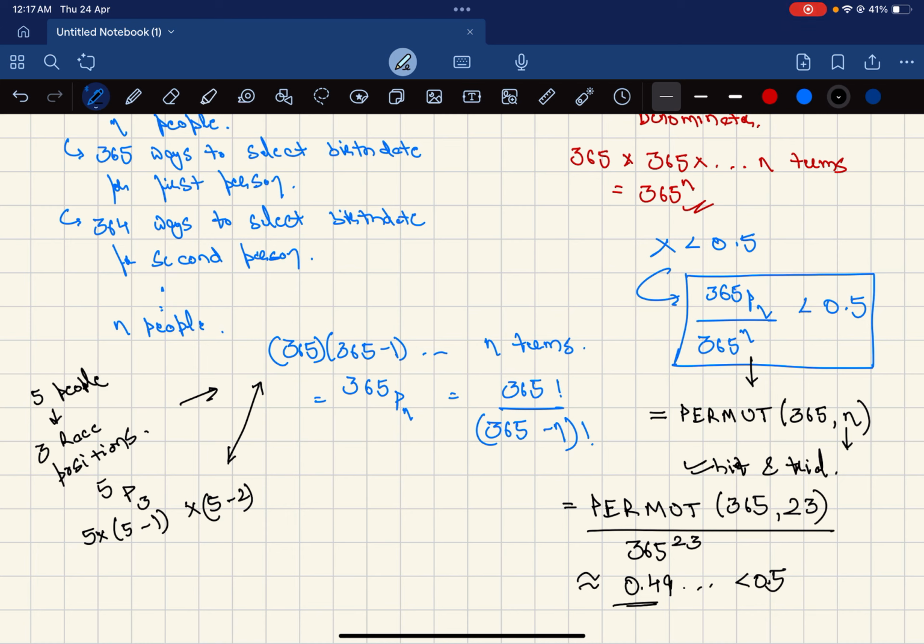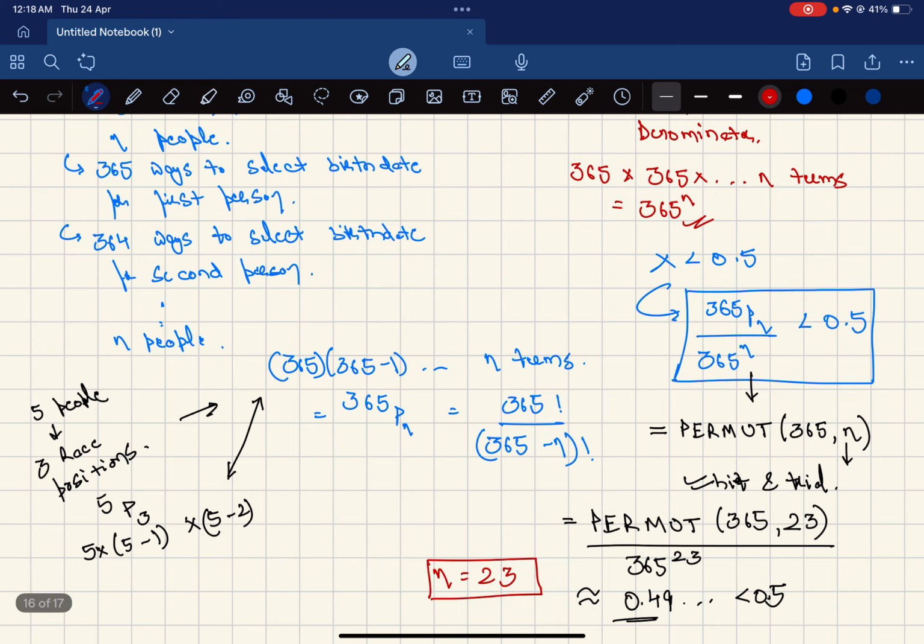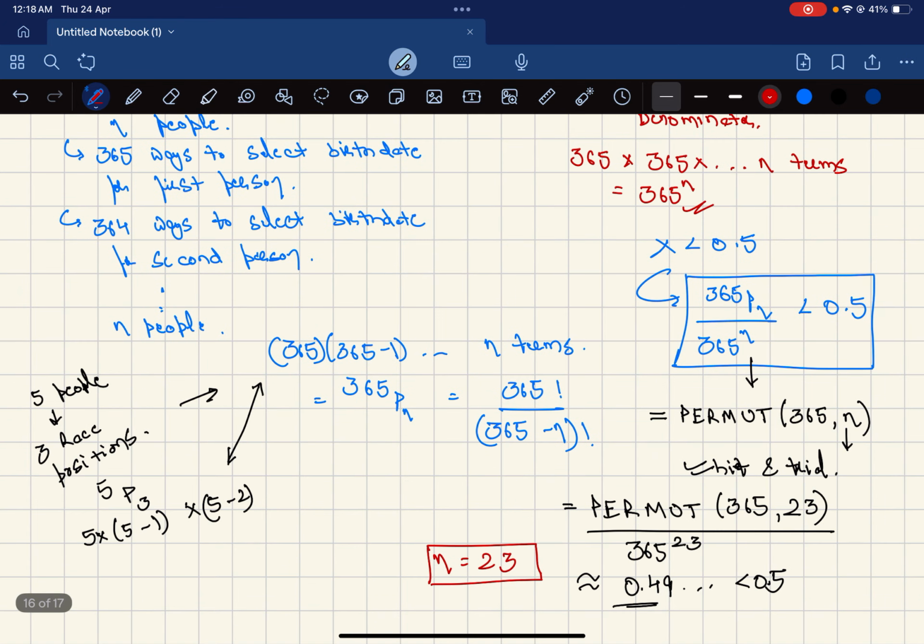Therefore, we can conclude that n equal to 23 is the minimum number of people required for at least two of them to have the same birthday with a probability of greater than 0.5. So this is how we get the permutation in Excel using the PERMUT function, and we solve this particular problem with a hit and trial method.